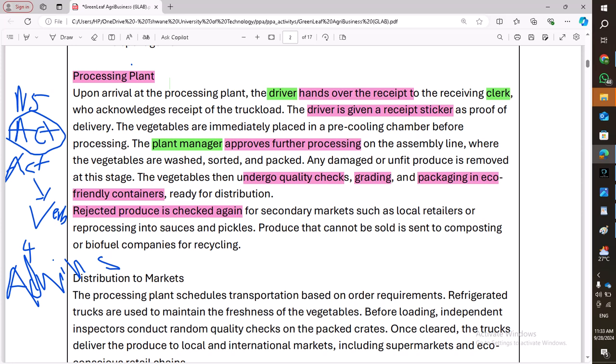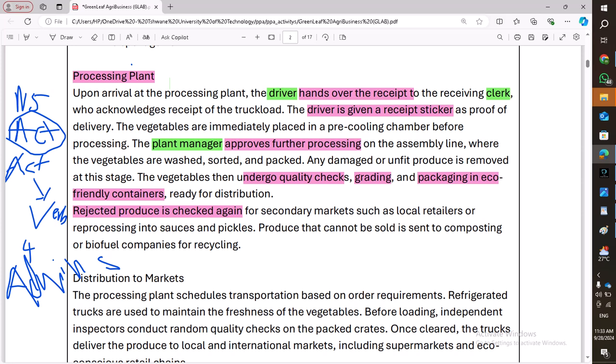You can make the verb simple: hand over receipts, give receipts, or you can use a synonym. Hand over the receipts.